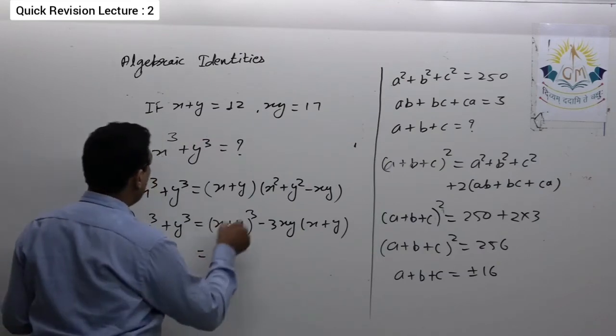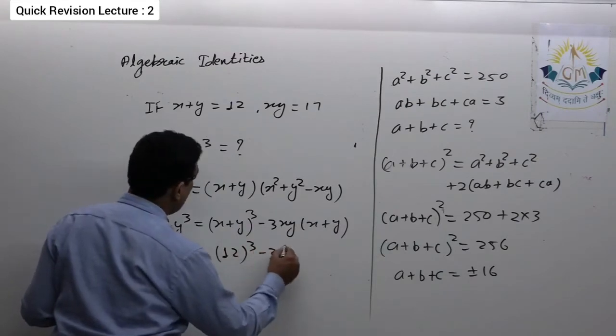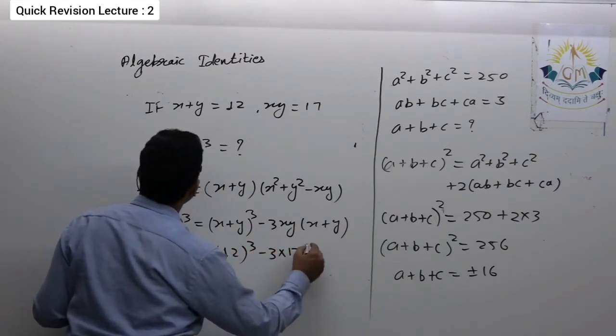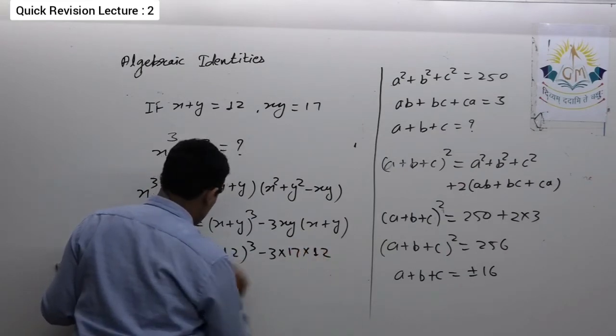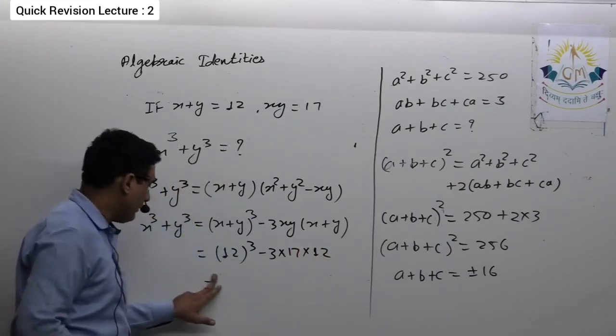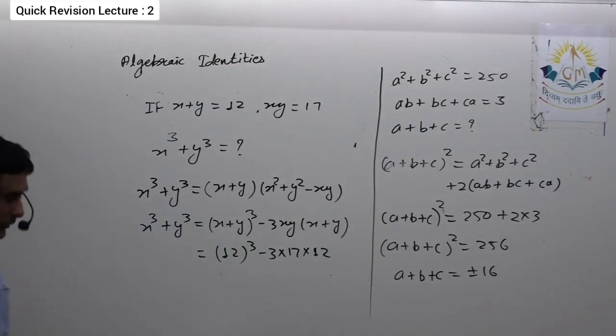Putting the values in the second one, it is 12 cube minus 3 into 17 into again x plus y, that is 12. So this is only a matter of calculation, so I am leaving it for you to solve on your own. After this we will see the next question.